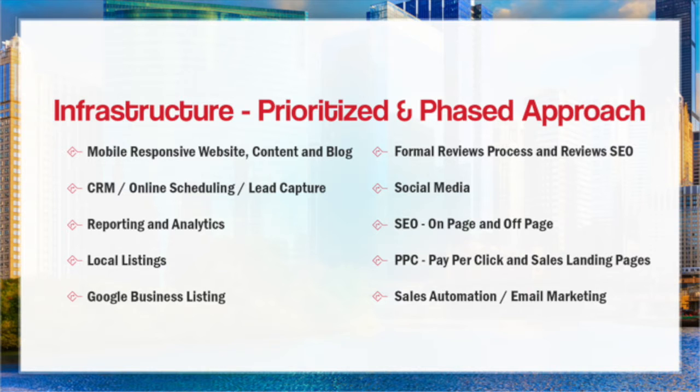Your reporting and analytics, local listings, your Google business listing, formal review process, social media, SEO, pay-per-click, and a sales automation process. The next series of trainings are going to be focused on each one of these line items individually, and we'll dive into each one of these with greater depth and examples.